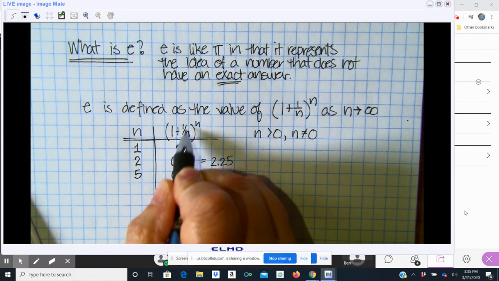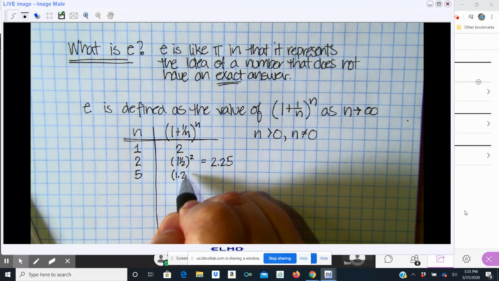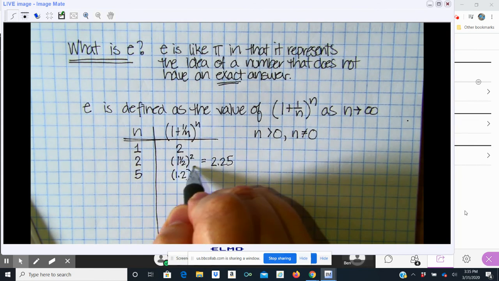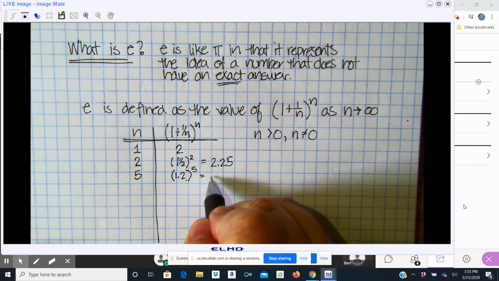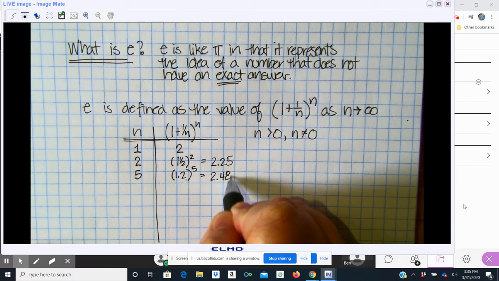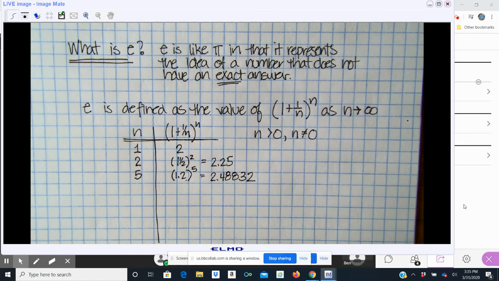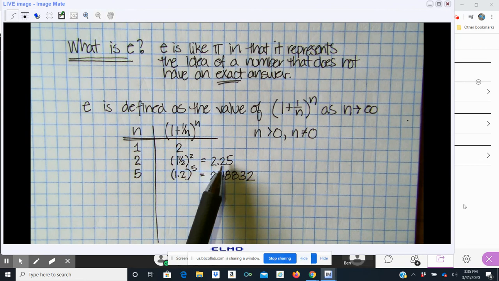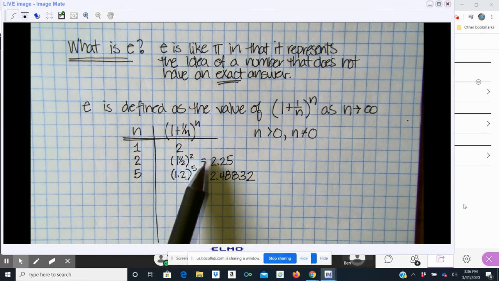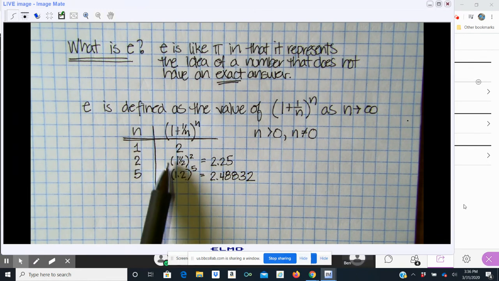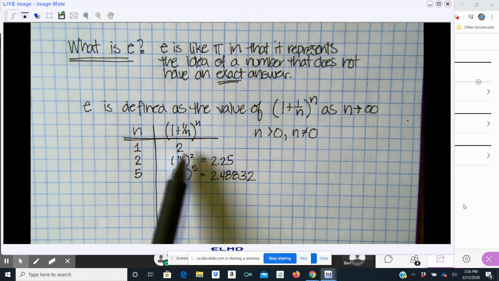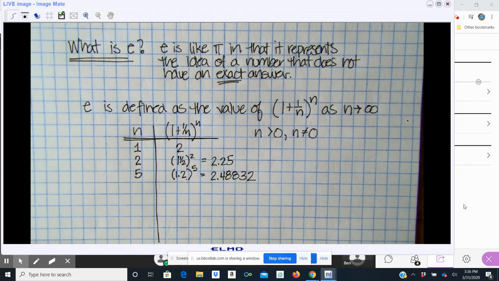This would be a 1 and 1/5, or 1.2 to the fifth power. And I get a 2.48832. Now, just given those 3 results, what do you notice? Are the values increasing or decreasing? Right, we got a 2, we got a 2.25, we got a 2.488.